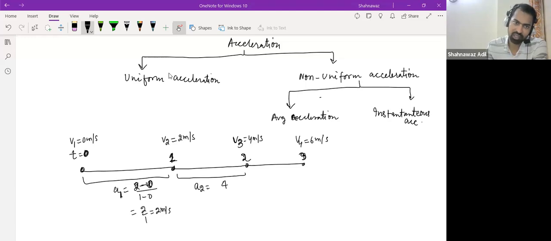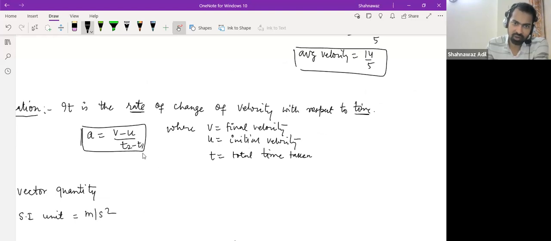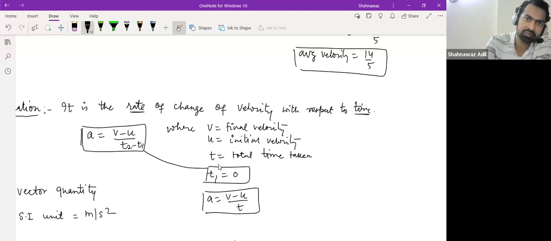Here we are calculating t2 minus t1, and we always take t1 to be 0, because time starts from 0. So it would simply be v minus u by t. That is why I have written this.